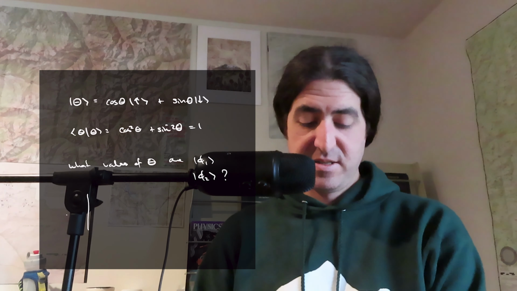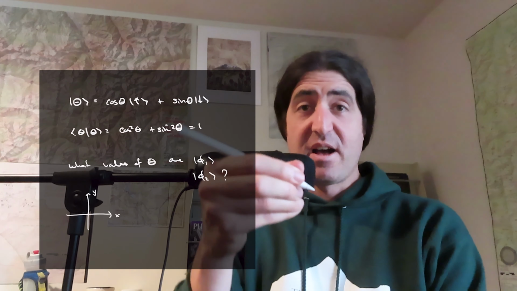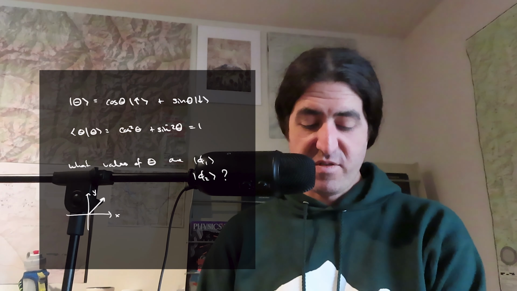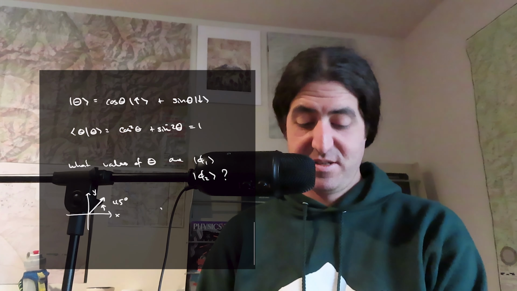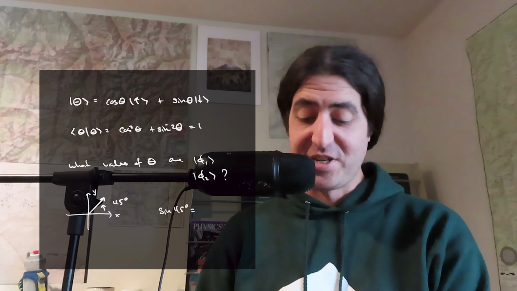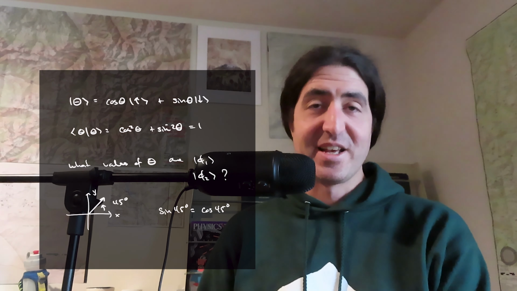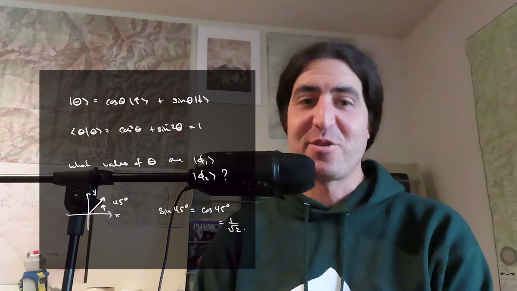Well, if you know anything about angles, hopefully this is pretty easy. In the xy plane, we know that if we want to move x out to even, we move out by 45 degrees, because sine of 45 degrees equals cosine of 45 degrees, and that equals 1 over the square root of 2, which is that number that we found earlier.